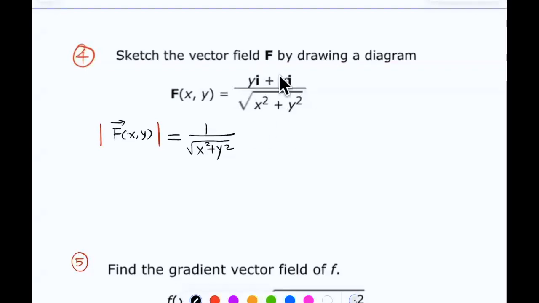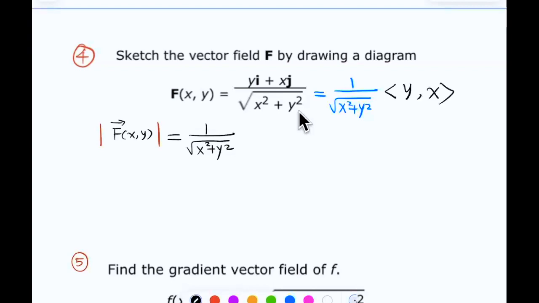To find the magnitude of this vector, we square each component, sum them up, and take the square root, right? So I'm going to take 1 over the square root of x squared plus y squared, and here will be the y and here's the x.